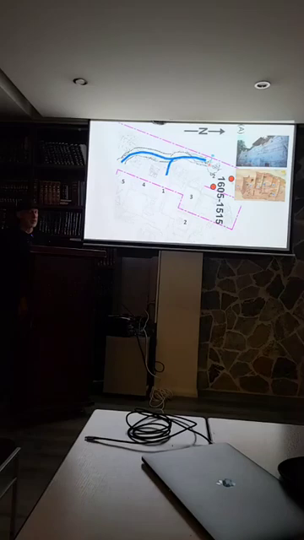The important part about this slide is that immediately behind the matzeva are the various rooms. This is the room with the altar, this is the room with the matzeva. You can see this is a water reservoir and a water channel that directed water into room 1 and into room 5.